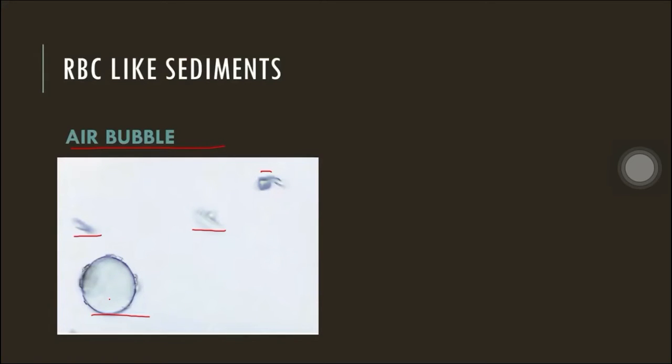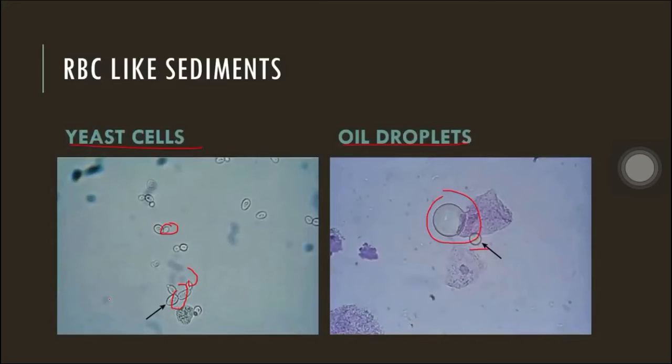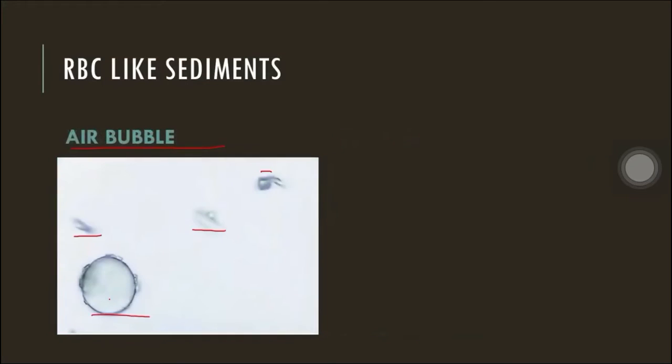For a positive result, if you suspect the presence of RBCs, after addition of acetic acid, your suspected cell should lyse or disappear. Again, it should lyse if it is truly an RBC. If it does not lyse, it is either a yeast cell, oil droplets, or air bubbles.